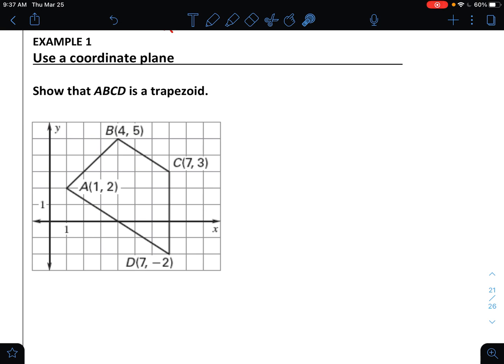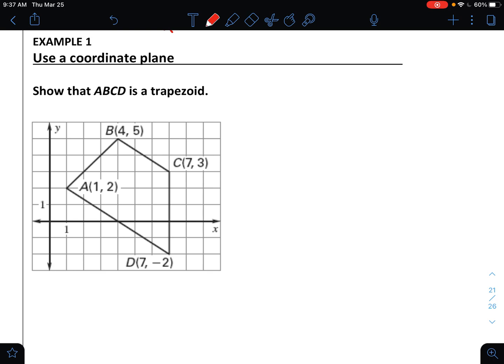Let's go on to example 1, and I want to talk about this trapezoid on a coordinate plane. So we're trying to show that this is a trapezoid, A, B, C, D, and so we're going to have to use some of those properties. So I'm going to use the basic definition of a trapezoid.